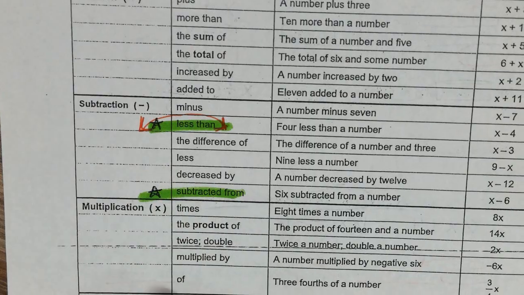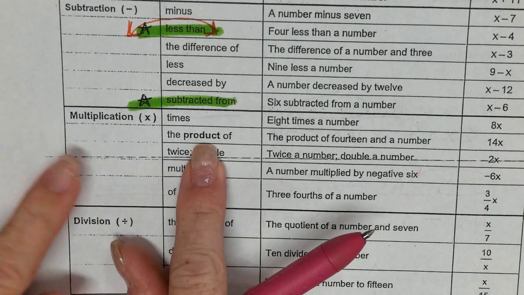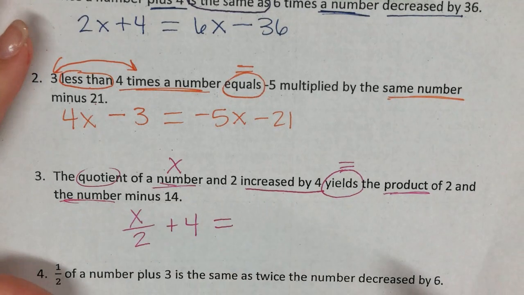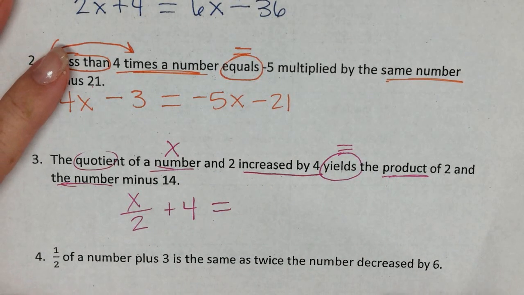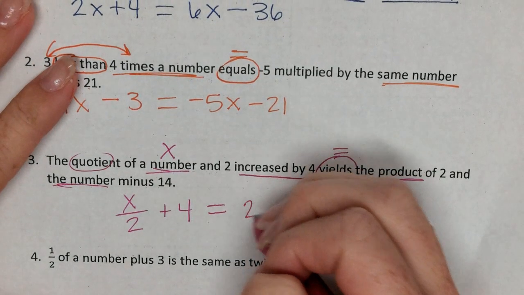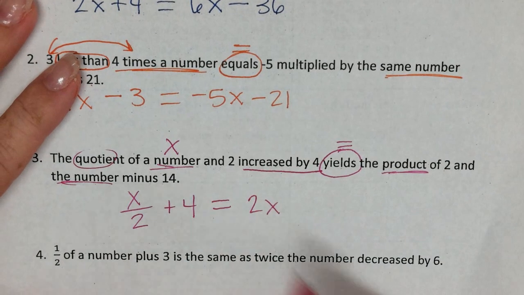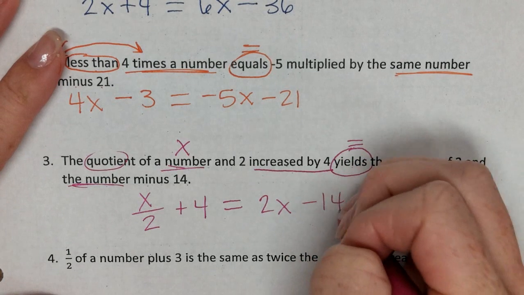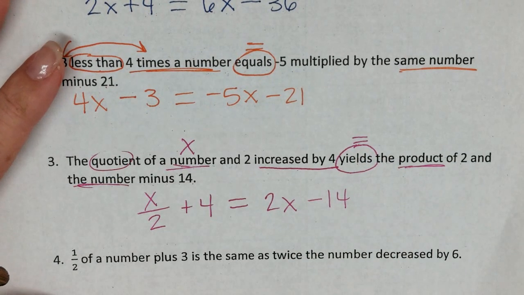Multiply. So if I flip to the back, product is right here under multiply. So I'm going to multiply 2 and the number. What do we call the number? X. So I'm going to say 2 times x, 2x. Minus 14. Well, that's common sense. Minus 14. Done.